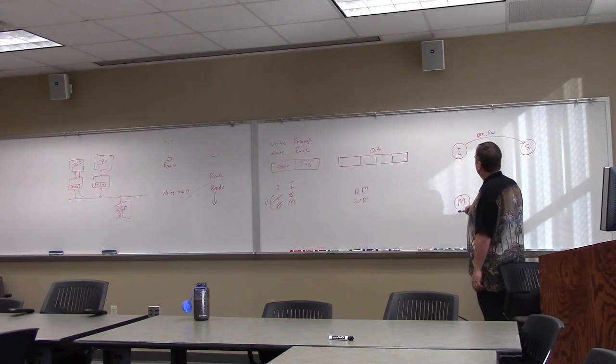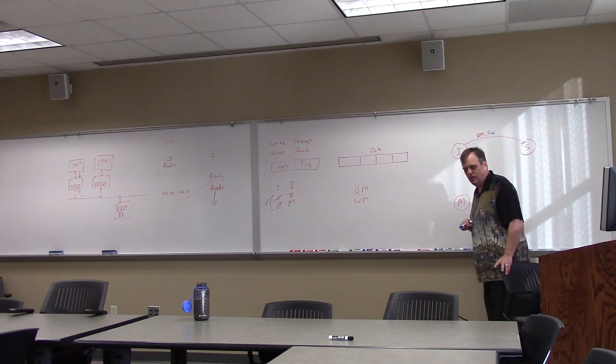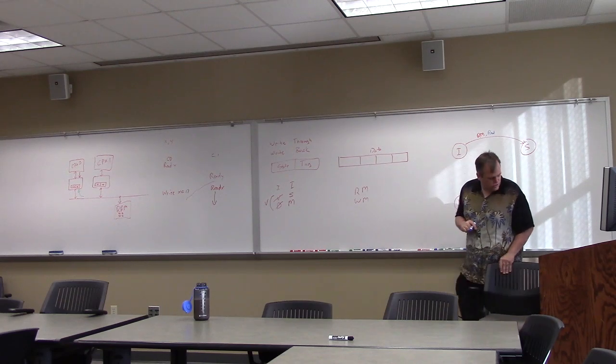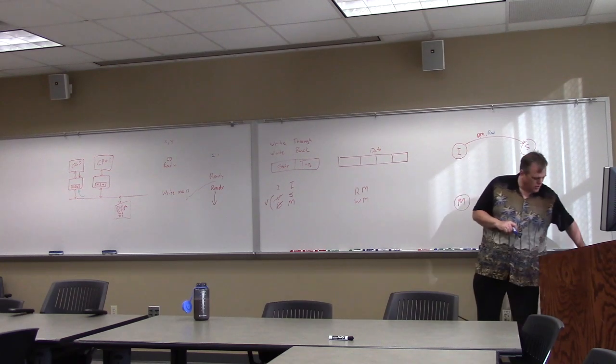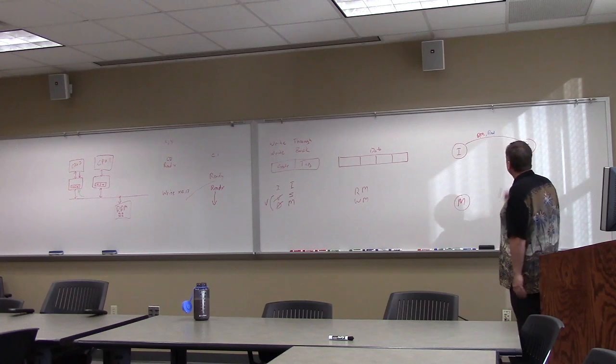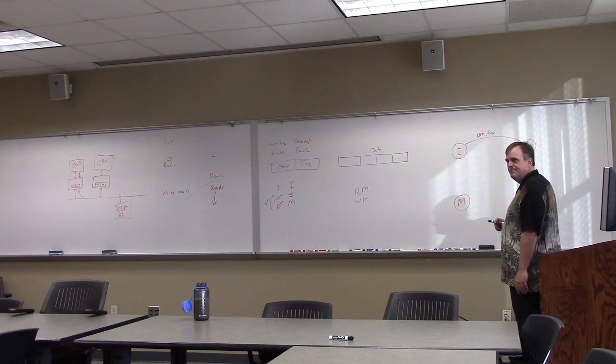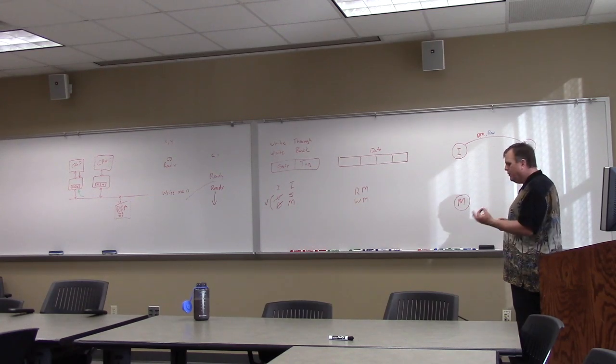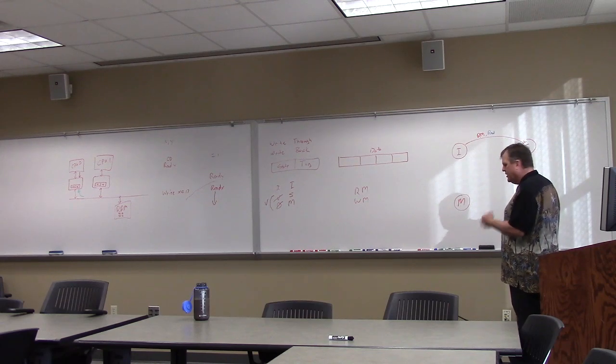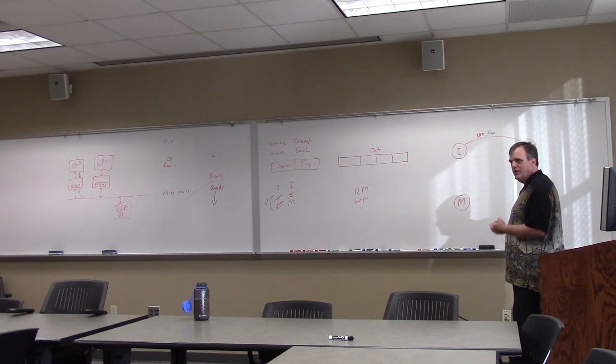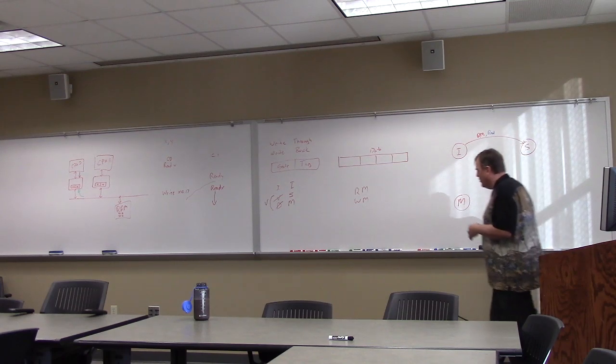So that's if I'm in the invalid state. Now, what happens if I'm in the shared state and I get a read miss? The first question you should ask yourself is, does it make sense to get a read miss if I'm in the shared state? This is what throws everybody for a loop.